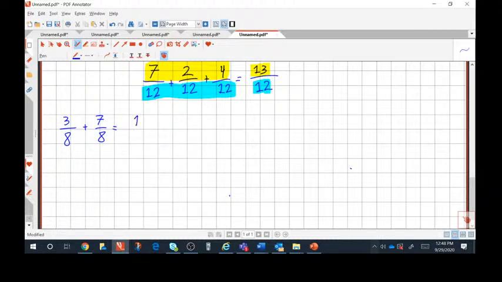So 3 plus 7 is 10, and then you just left that alone. 10/8 is beautiful. What did you do then? You notice that a 2 goes into 10 and 8, so you can reduce it by 2, giving me what? Very good. And then you change it into a mixed number, which was?